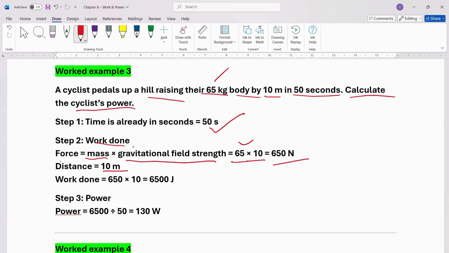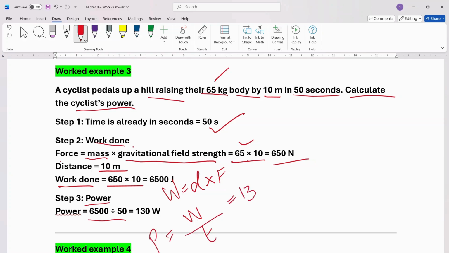Then distance, we have 10 meters. Work done is distance times the force. Then we have power, work done divided by time. So we will get 130 watts.